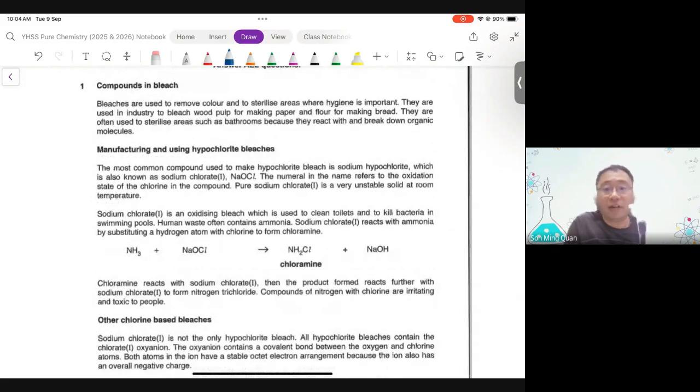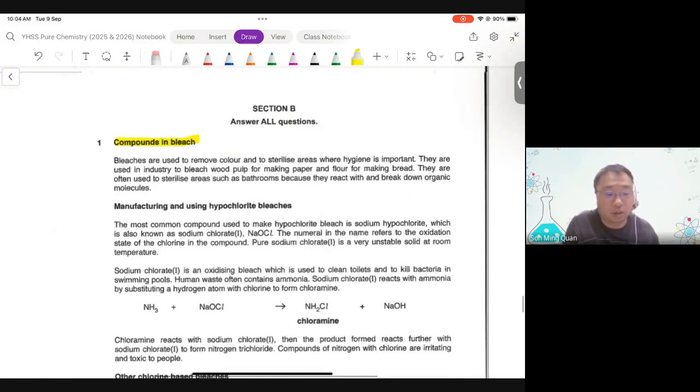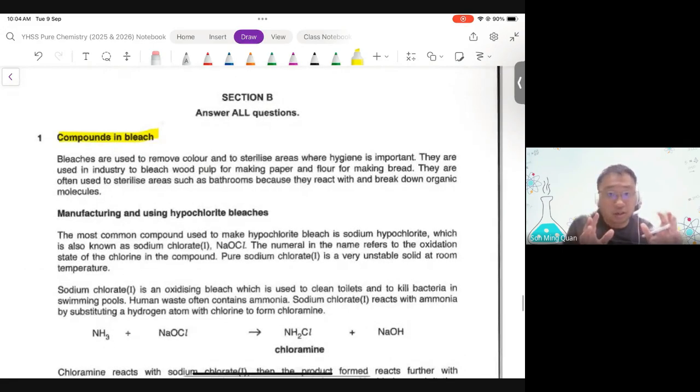Okay, now whenever you have a database question, let's revise some of the database skills. Whenever you have a database question, you need to focus on the headers, which are bolded for you. So this is about bleach and the compounds in bleach. So all of us know bleach. Okay, not the anime, but okay, bleach in this case is the detergent used to remove color or remove stains from your clothings.